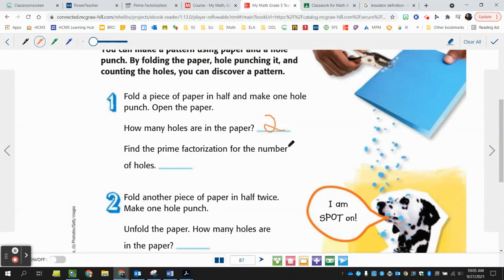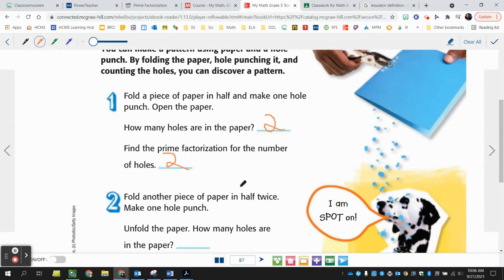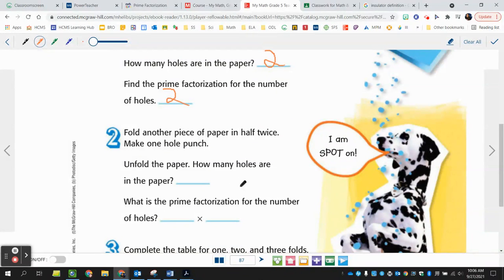Find the prime factorization for the number of holes. Well, it would be 1 times 2, correct? Or just the factor 2. Number 2, fold another piece of paper in half twice.